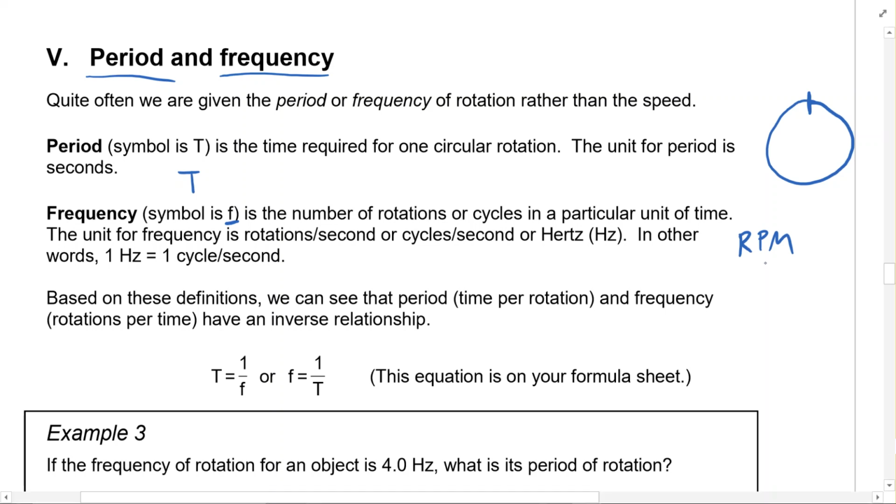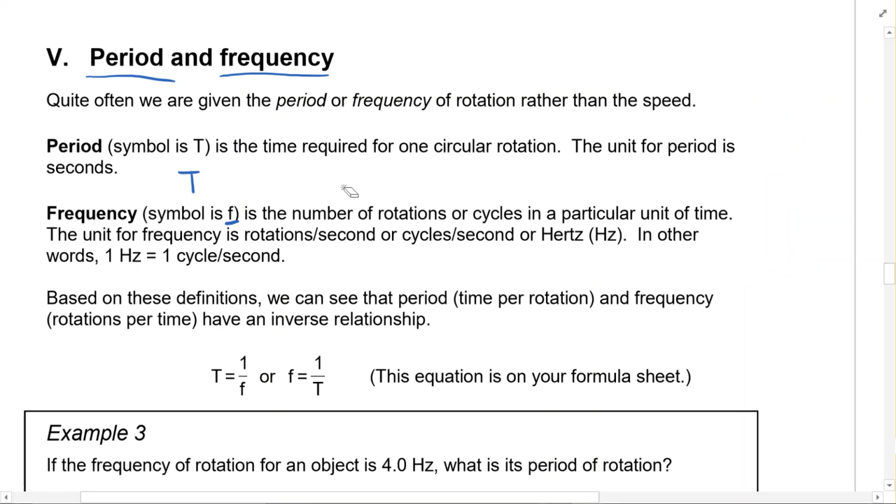RPM stands for revolutions per minute. So RPM is a unit of frequency. We just like to talk in hertz when we're doing physics. So instead of revolutions per minute, we talk in hertz, which is revolutions per second. That's the only difference. So that's what frequency is.